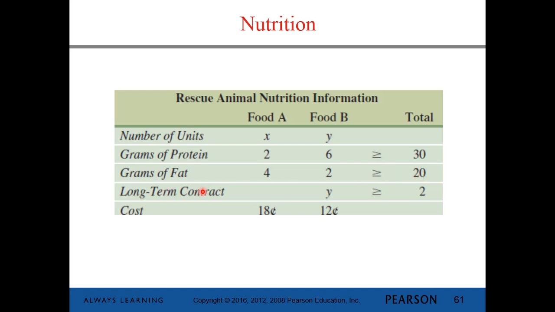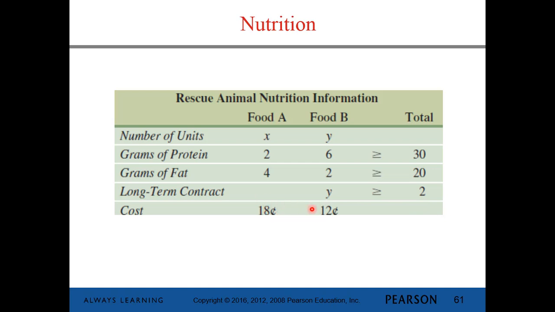Okay, and then the long-term contract says what? Says that Y, the number of units of food B, has to be at least 2 units each day. Okay, and then of course we have the cost function.